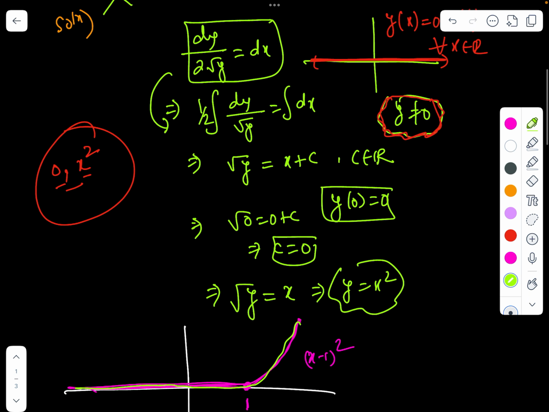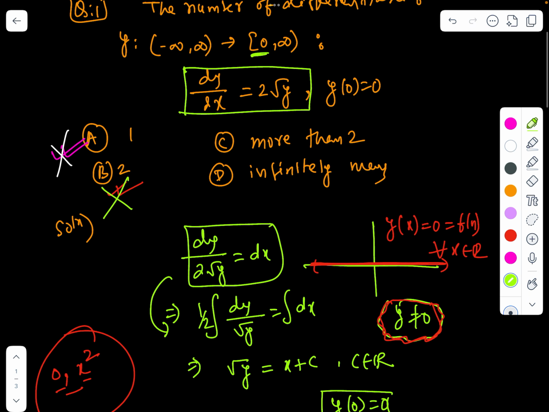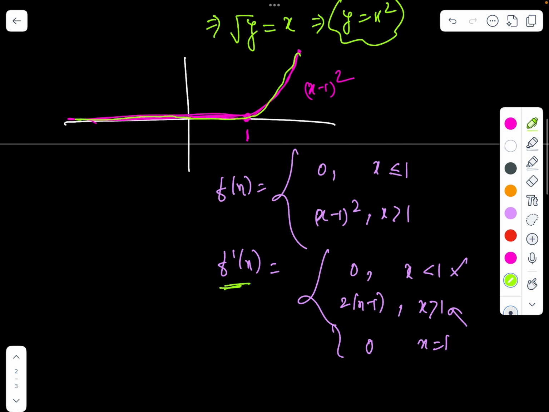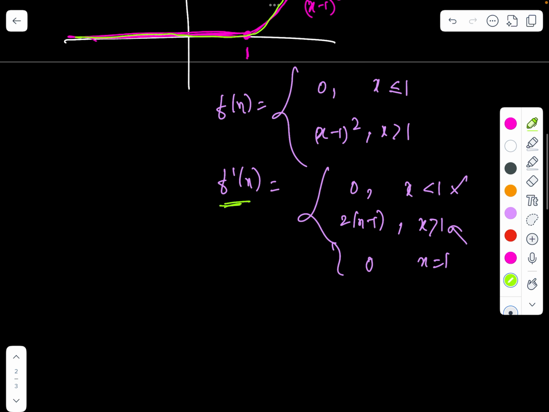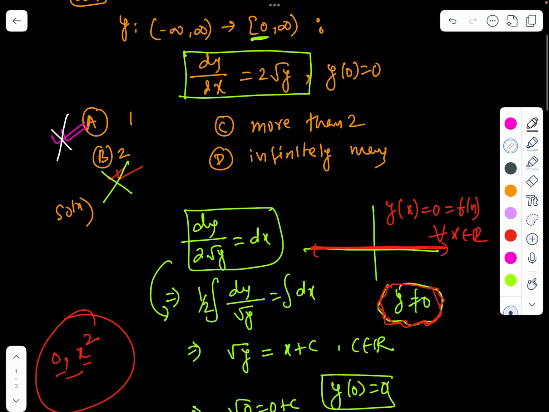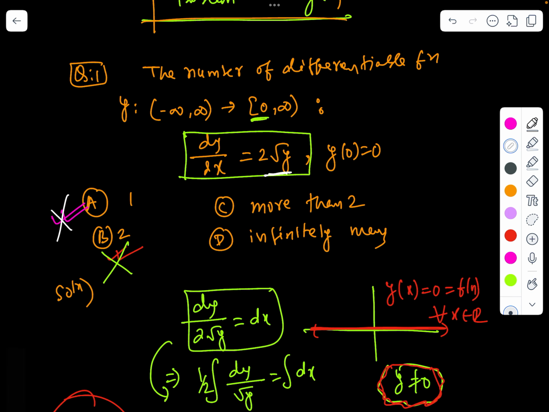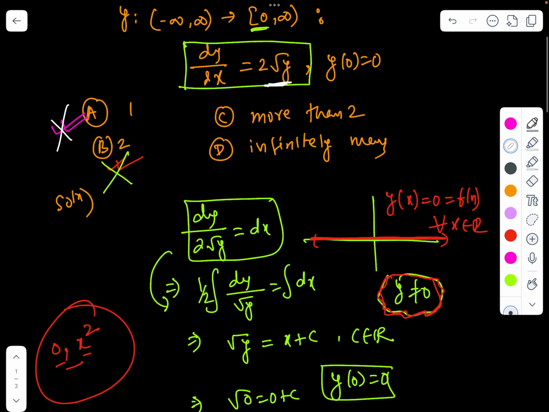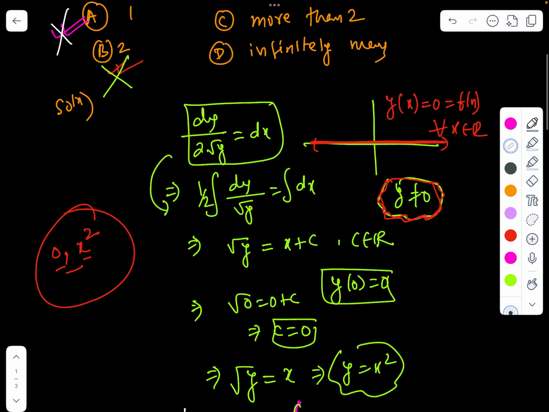Now this function still satisfies the equation, because dy by dx is 2 root y, right? So that is literally interesting. In fact, a whole class of functions will satisfy this. The reason being, I have not taken into consideration y is 0.